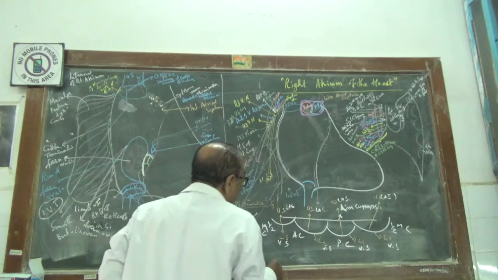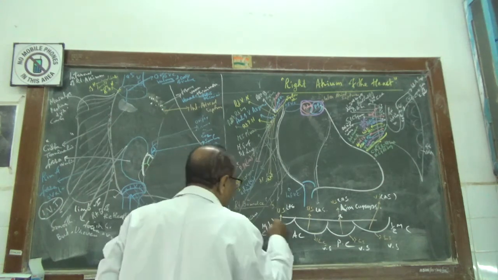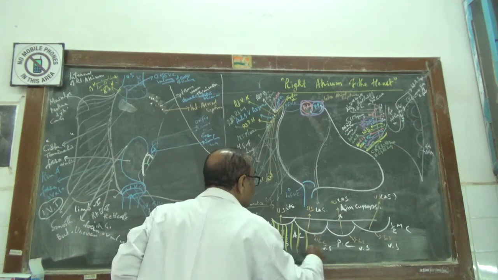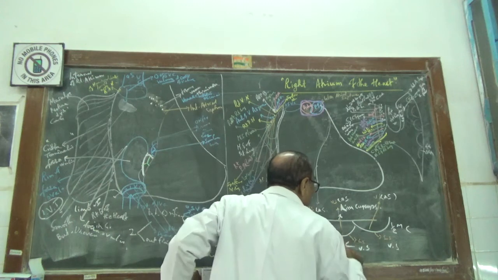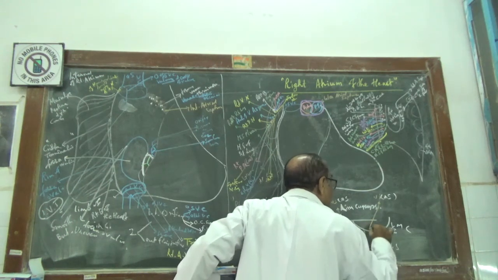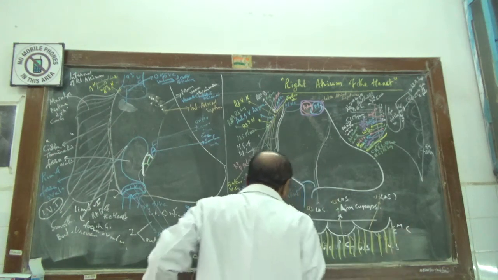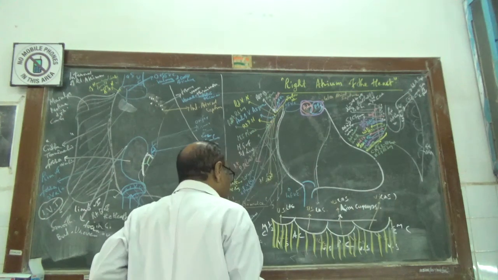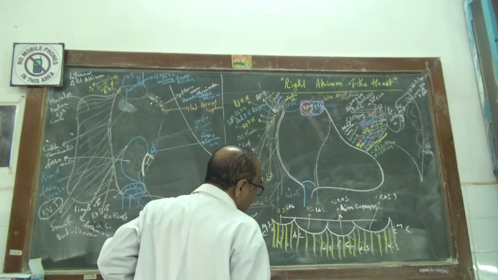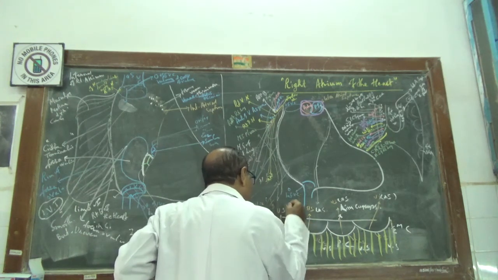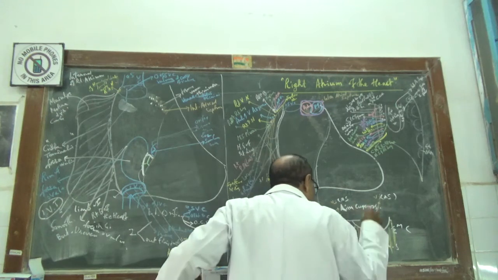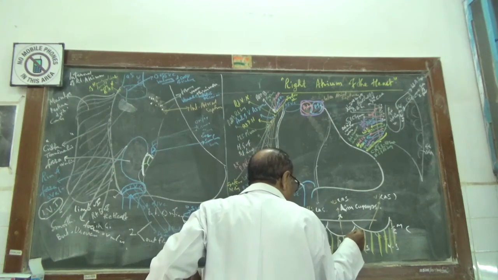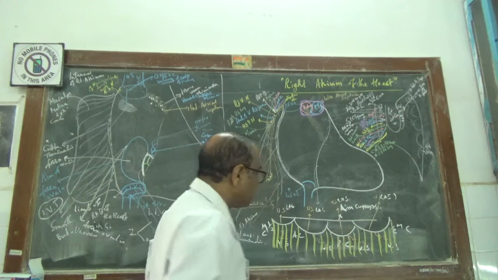Now, from the ventricular surface of the medial cusp, and also where these cusps unite with each other, the medial cusp will be uniting with the posterior cusp, and the medial cusp will be united with the anterior cusp.